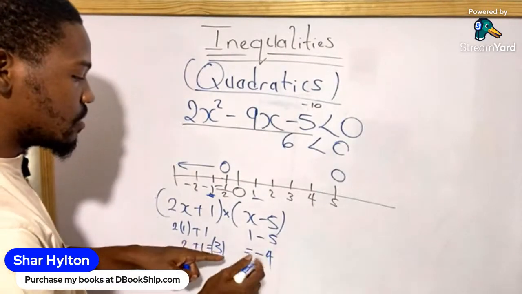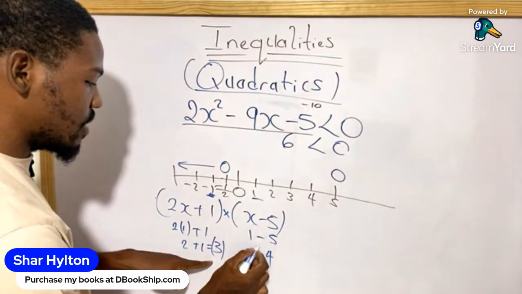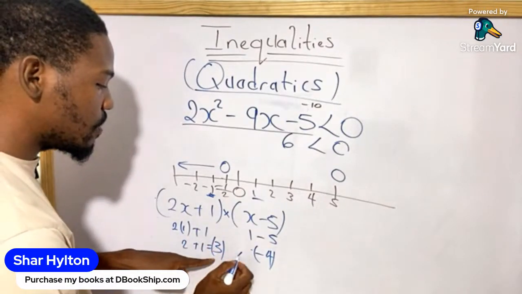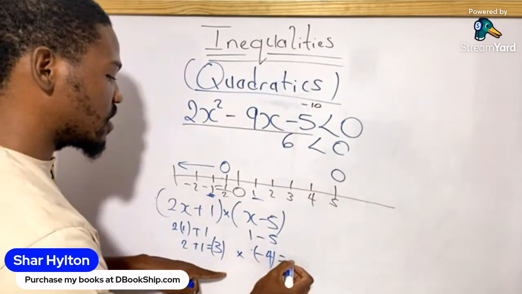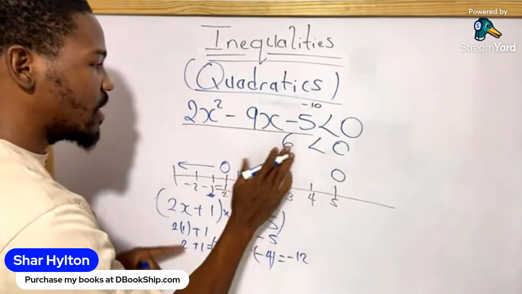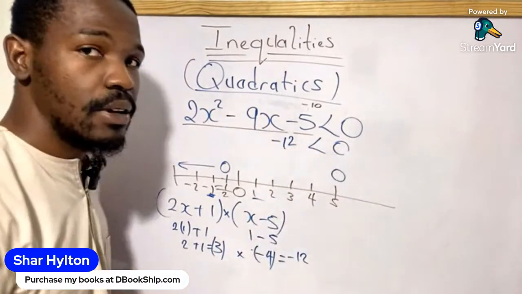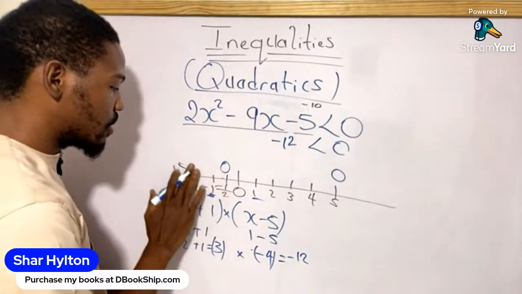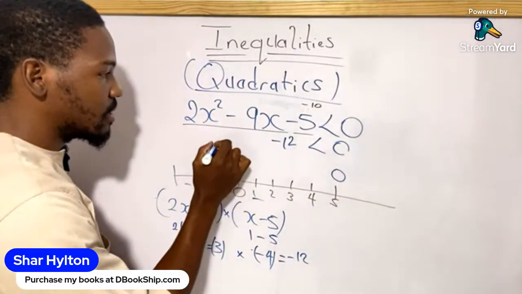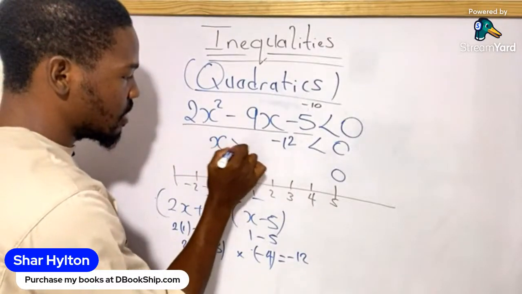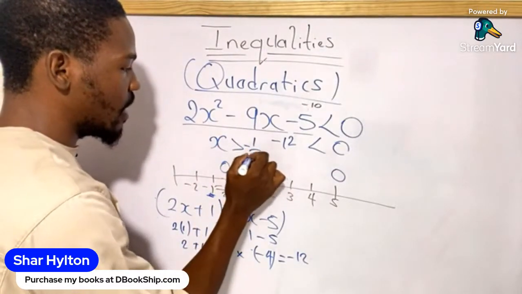We're multiplying them, so 3 multiplied by -4 is going to give me -12. And here we can see that -12 actually is less than 0.